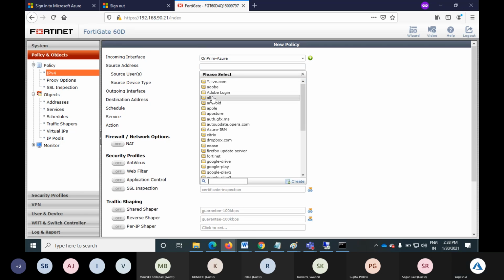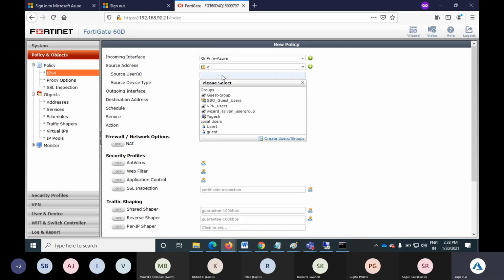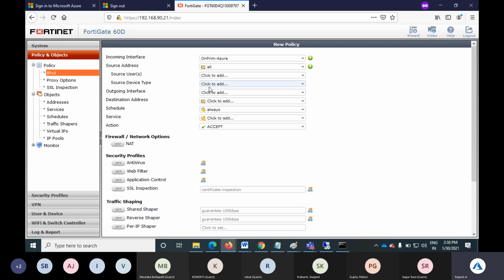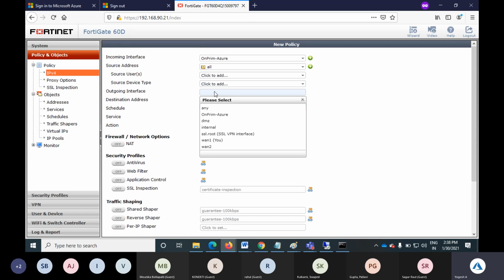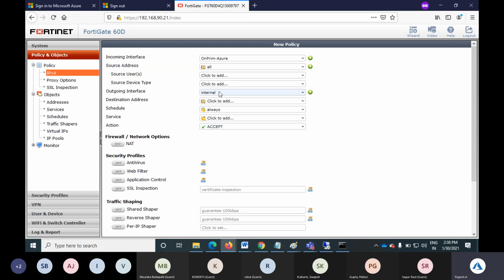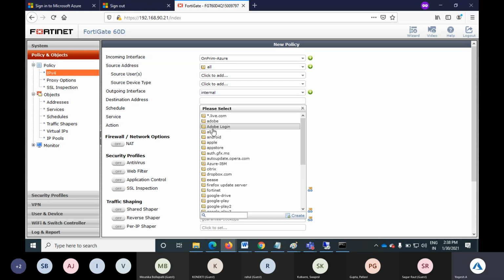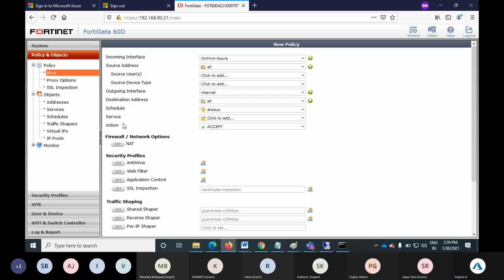Source all, source user not required, source device type not required. Outgoing interface, it will hit on my internal, meaning all the outgoing traffic will be routed via my internal port. Destination all, always all services I'm going to allow. Action accept.